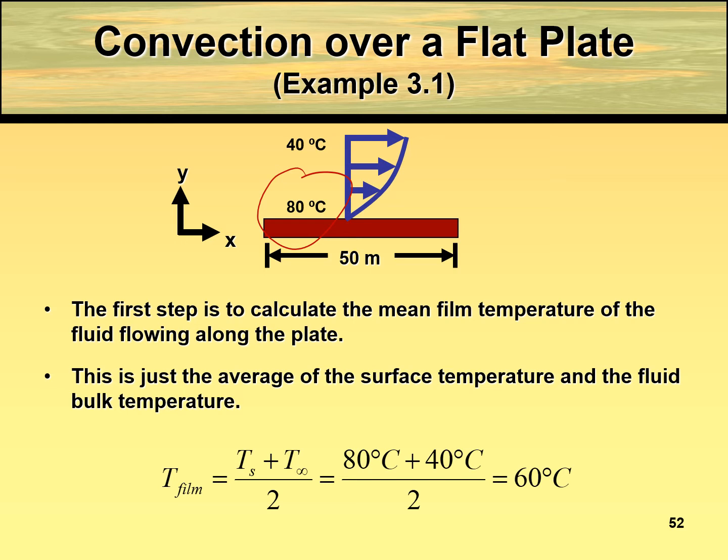But for this condition where you have this 40 degrees Celsius, then you can take the average temperature that we call the T film temperature. So 80 plus 40 divided by 2 gives you 60 degrees Celsius.